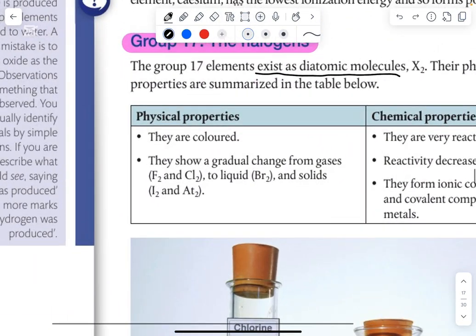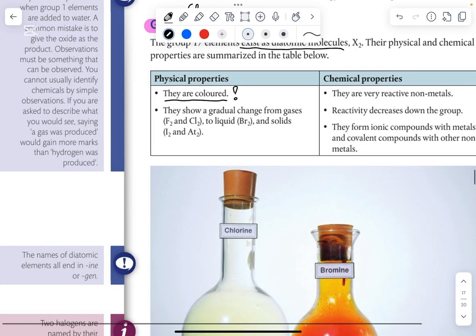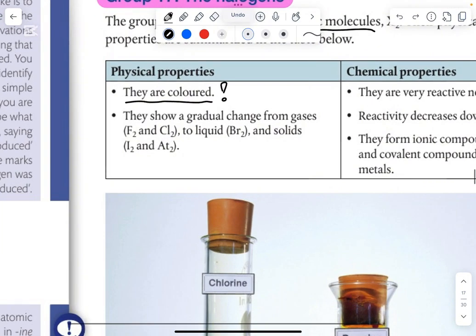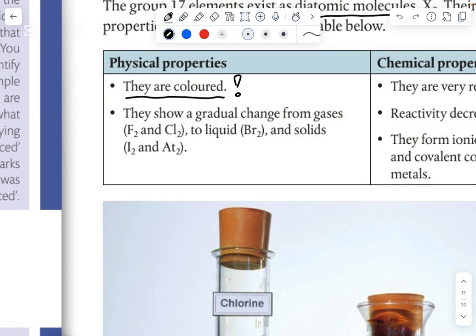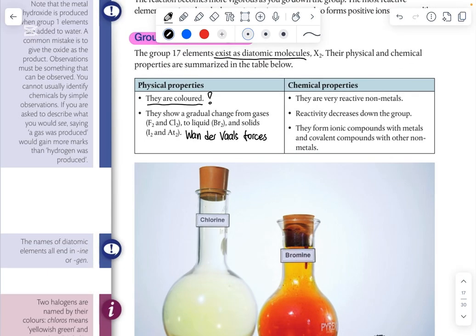So their physical properties are that they are colored. This is going to be important in the future. And they show a gradual change from gases to liquid and solids at room temperature. This is accounted for by van der Waals forces, which you will learn about later on.